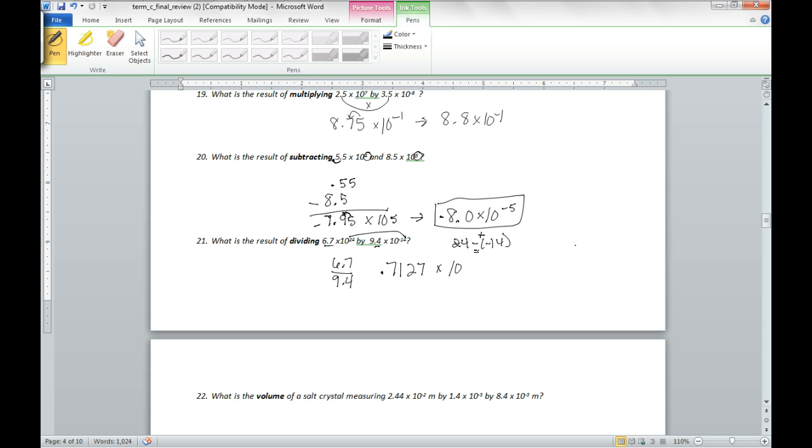So we have 24 plus 14, that gives us 38. Now, is this in correct scientific notation and sig figs? No, we only have 2 sig figs, and we have to move it so that there's a number, then the decimal. So we move this decimal, making this number bigger, so that has to get smaller, and we can only have 2 sig figs, so it's going to be 7.1 times 10 to the 37th.